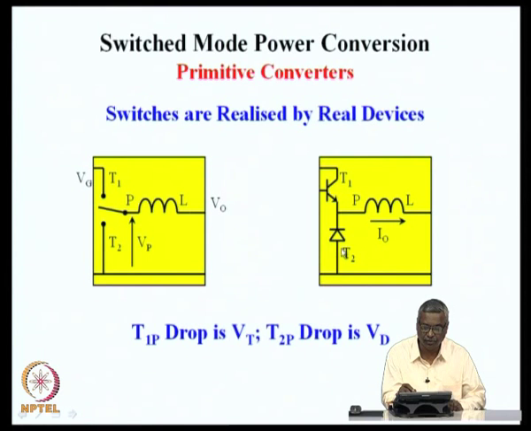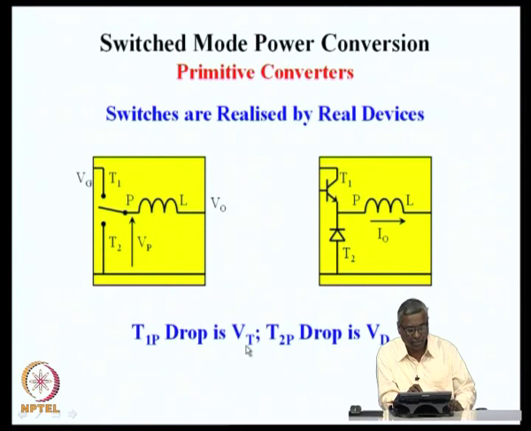It can be a diode for this direction of current I naught. Now, while current is flowing through the transistor, there could be a voltage drop of Vt. We call the voltage drop in the transistor while it is on as Vt, and similarly the voltage drop across the diode when the diode is conducting is defined by Vd.